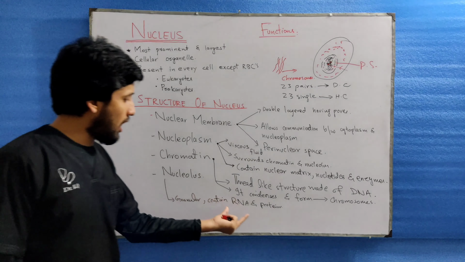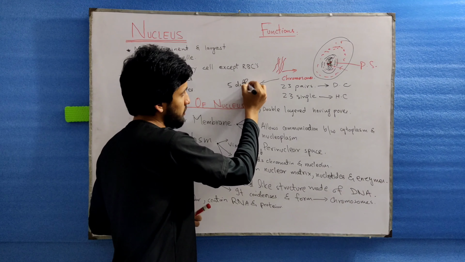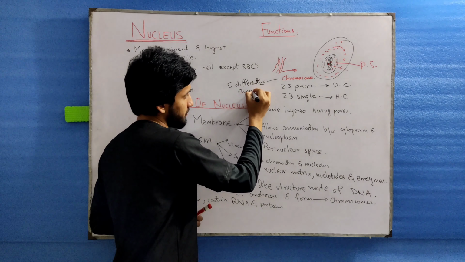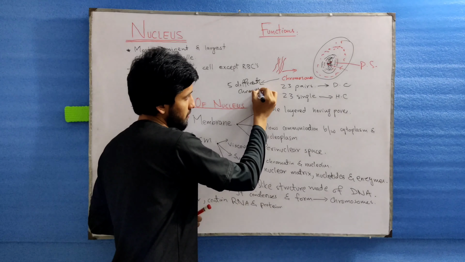These RNAs are formed by chromosomes, five different pairs of chromosomes, which make the RNA that is stored in the nucleolus.